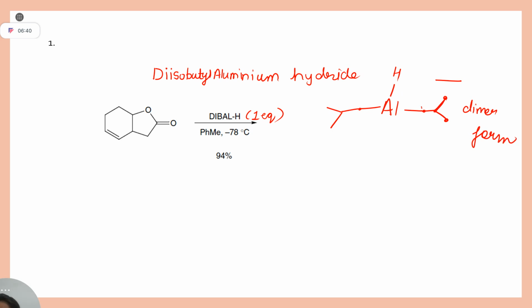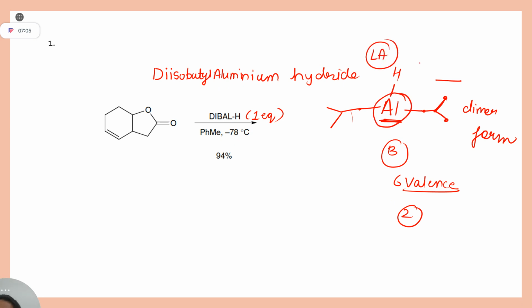So you know that aluminium is from which family? Boron family. And you all know that this family has 6 valence electrons. So in order to be stable, it needs 2 more electrons. So it behaves as a Lewis acid.